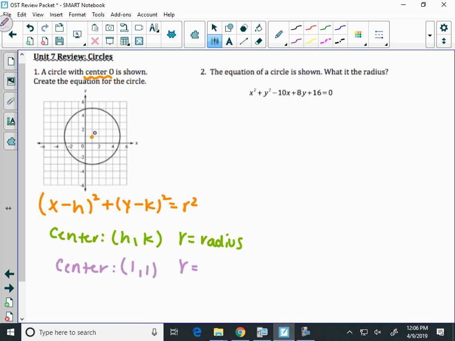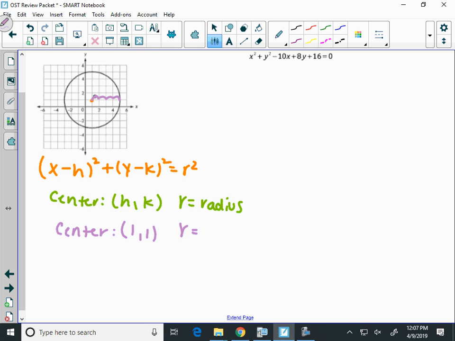Halfway. So you start at the center and count to the edge. When we do that, what's the length of our radius? We count from the center to the edge, we get 4. So now we know our center, now we know our radius, we can write our equation.